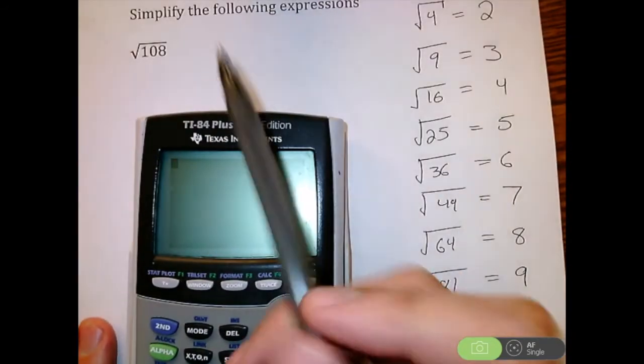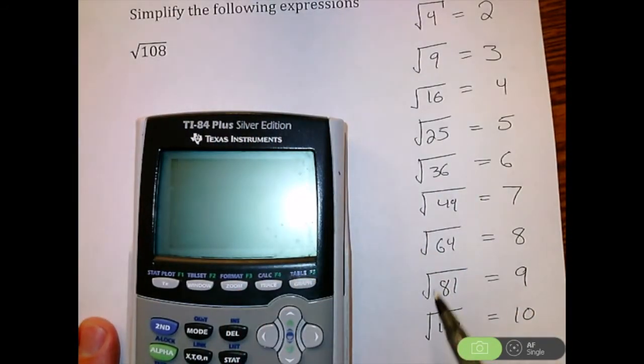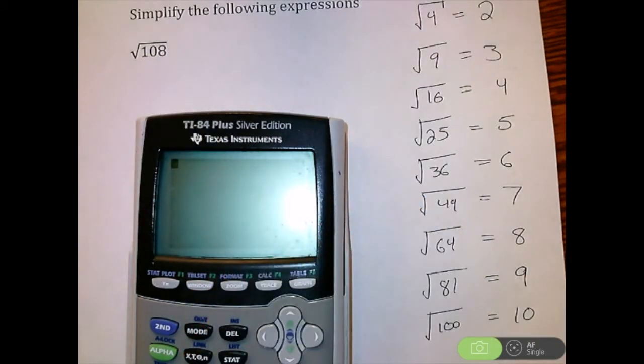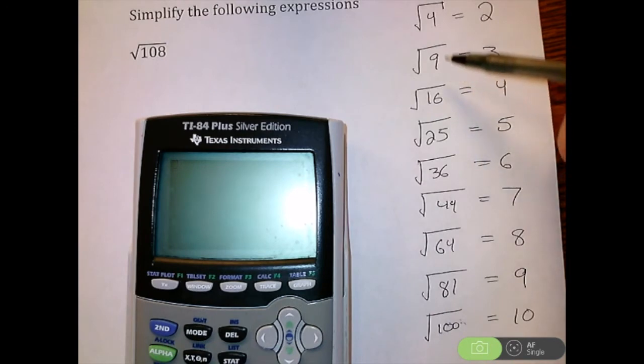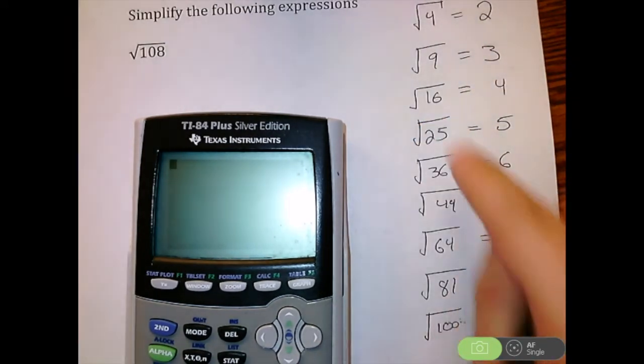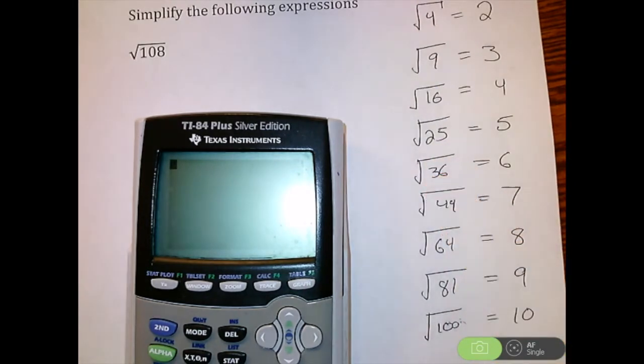I want to find what number in this list on the left can divide into 108 nice and evenly, meaning I don't want a decimal answer. I want to start with the biggest numbers and work my way up because this will force me to get the most simplified answer. If you go the opposite way, you might not have the most simplified answer.